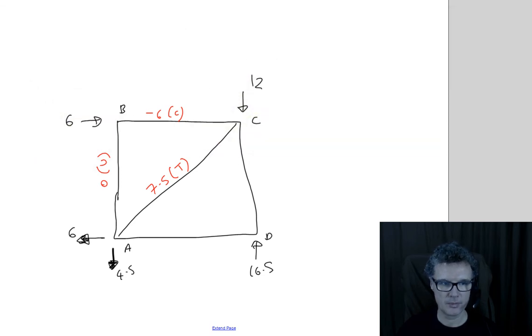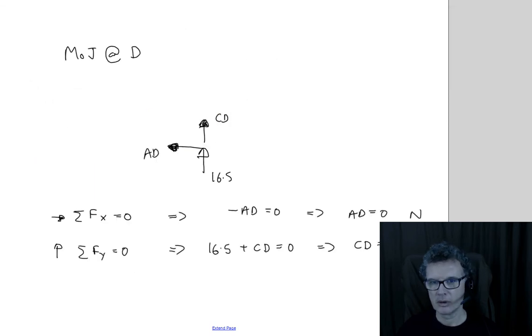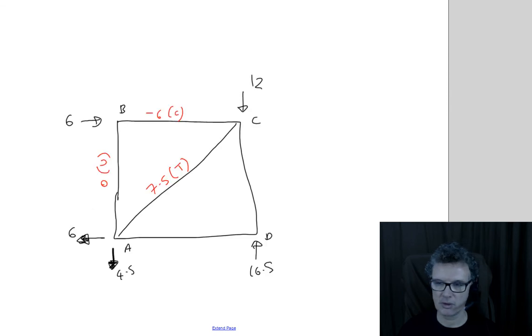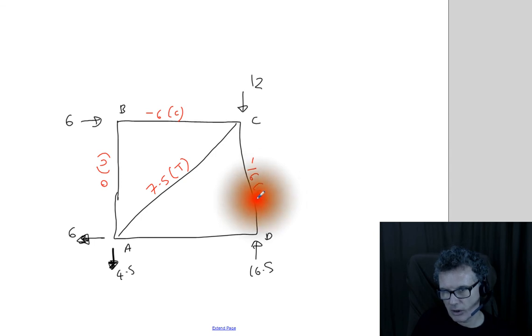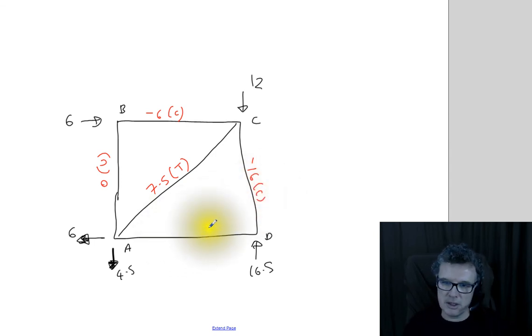And at joint D I worked out that AD was 0 and CD was -16.5. So that's minus 16.5, and that's going to be in compression. And here we've got 0, undetermined.